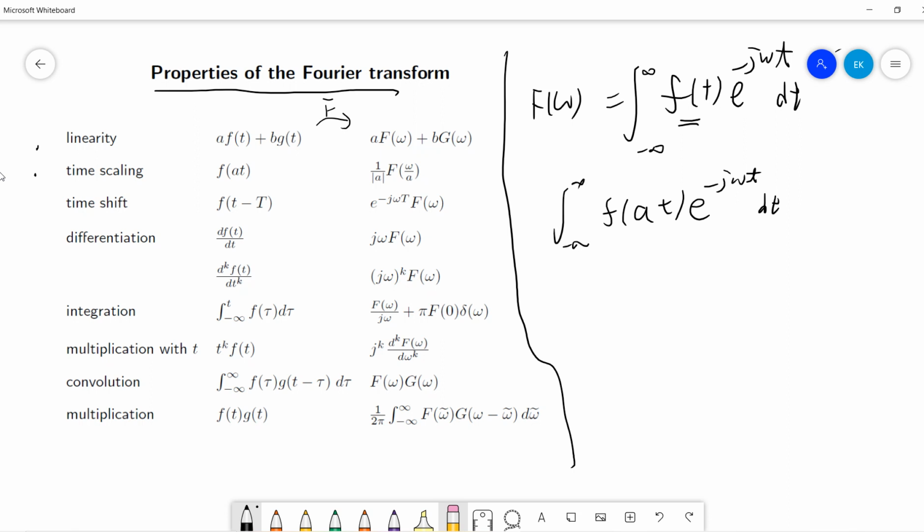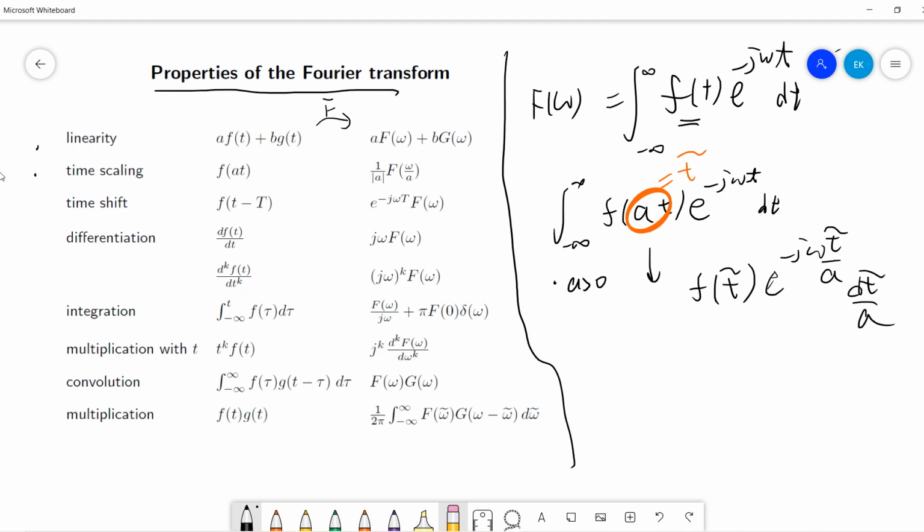If a is larger than 0, then we can let t tilde be this. So this is exponential minus j omega t tilde divided by a, dt tilde divided by a, and a is positive, so this is still this. So this is 1 over a times F of omega divided by a.